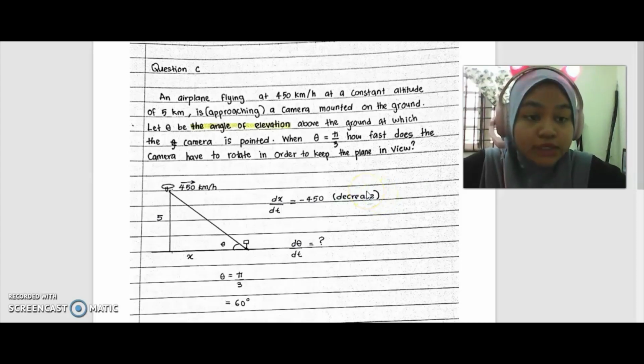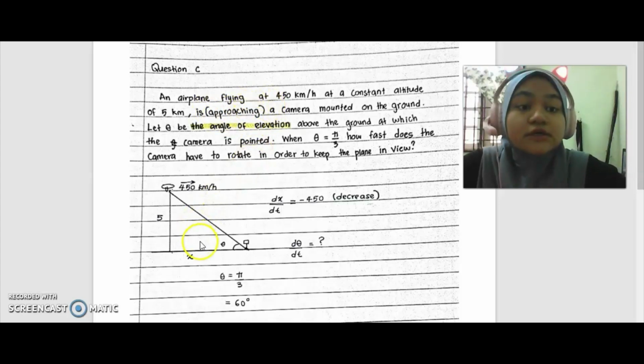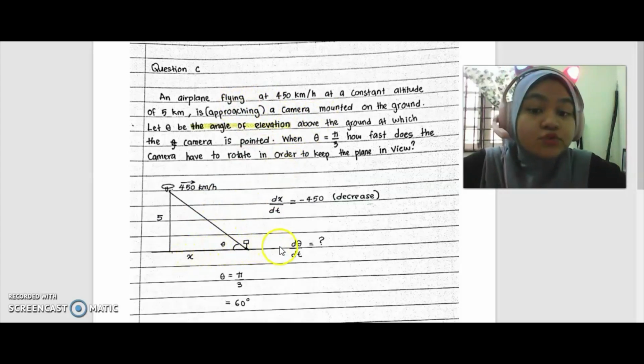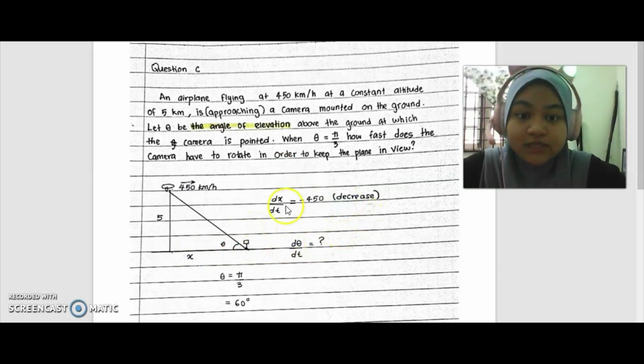How we want to know it? By seeing the sentence. If you guys realize and remember, approaching a camera mounted, so it becomes nearer to camera, so it is a decrease. So don't forget to put negative if it decrease.